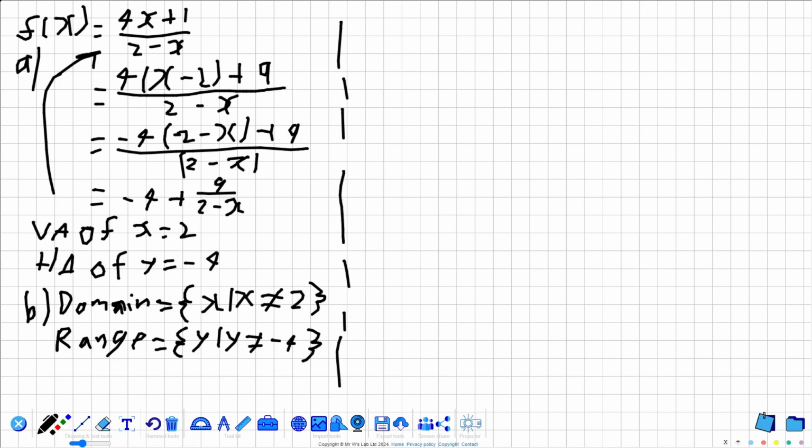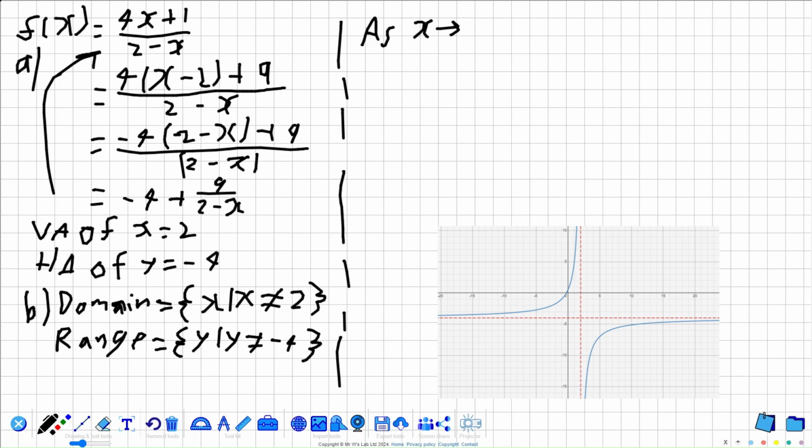Now for the directions, so I can say as x approaches 2 from the negative, y will approach infinity. As x approaches 2 from the positive, y approaches negative infinity, and you'll see that all these descriptions follow a similar format.